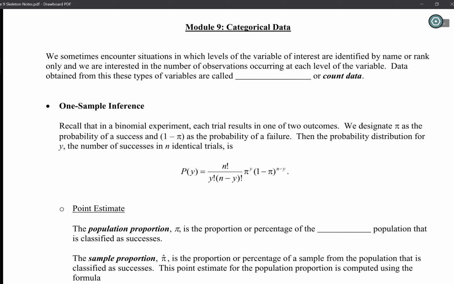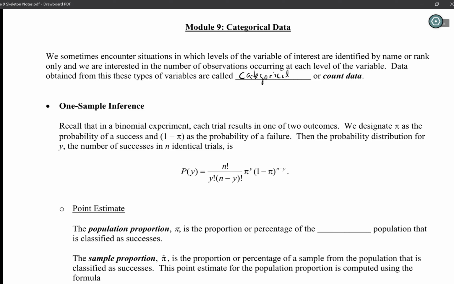Data obtained from these types of variables are called categorical or count data. If you think back with me to a previous module that dealt with data description, when we had this kind of data, we did look at data description there. You might describe the frequency of this kind of data with a pie chart, bar chart, this sort of thing.